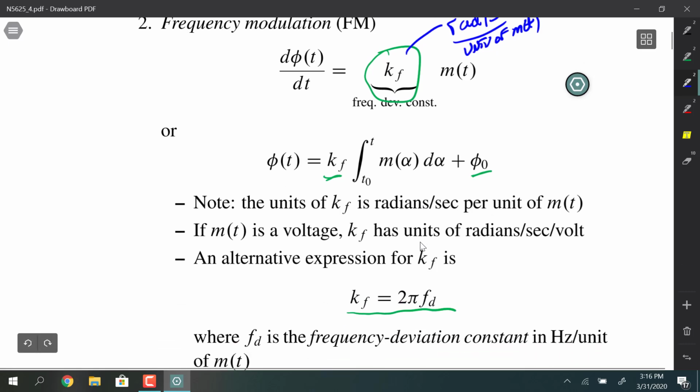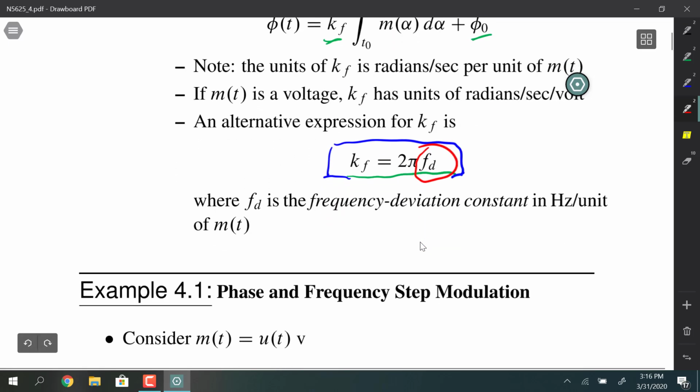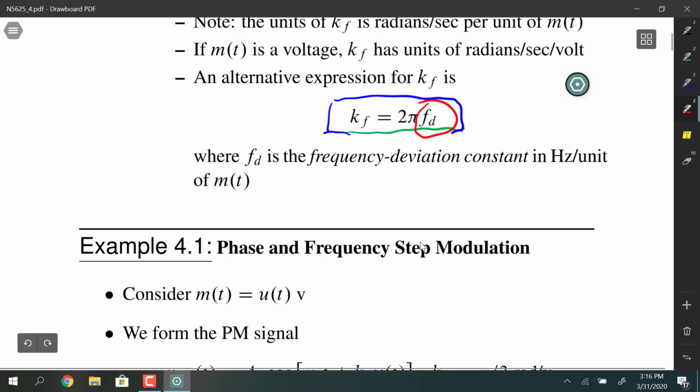But what we end up doing extremely frequently is working with Kf not as radians per second per unit of m of t, but instead defining f sub d as the deviation constant in hertz per unit of m of t. That's the more common terminology that I like to work with.